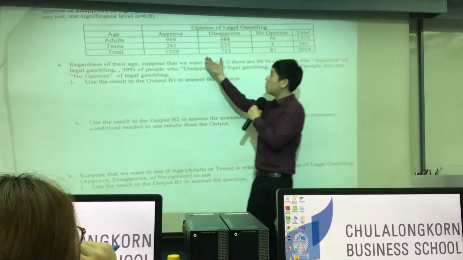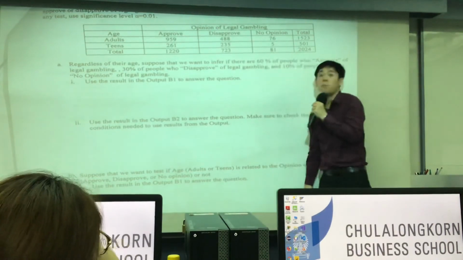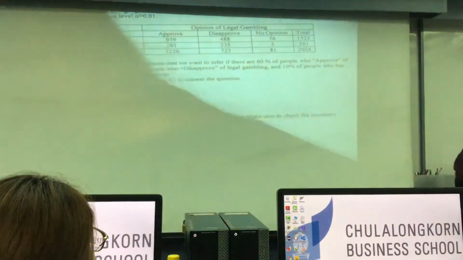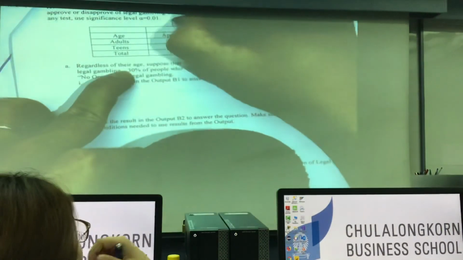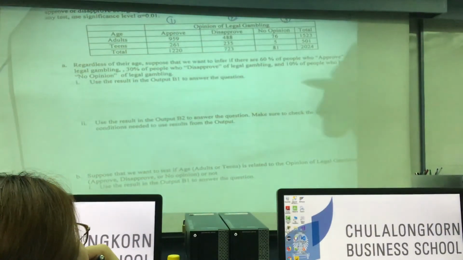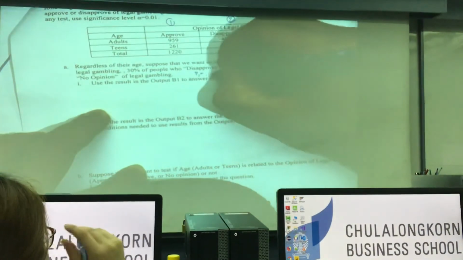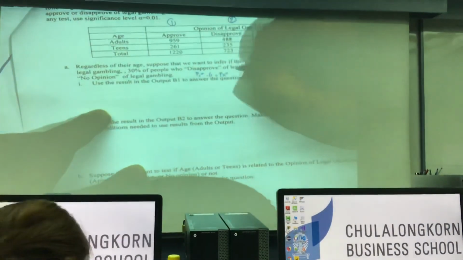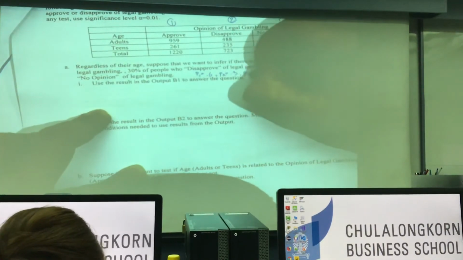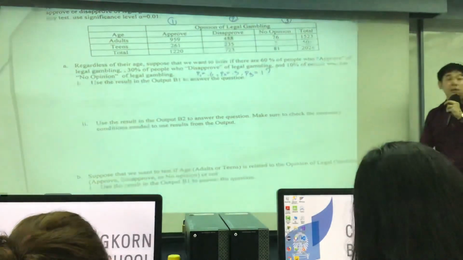So this is how many choose approve, this is how many choose disapprove, and this is how many choose no opinion. To make it simple, think of these as group 1, 2, and 3. The question is: is p1 equal to 0.6, p2 equal to 0.3, p3 equal to 0.1 or not? That's your main question.